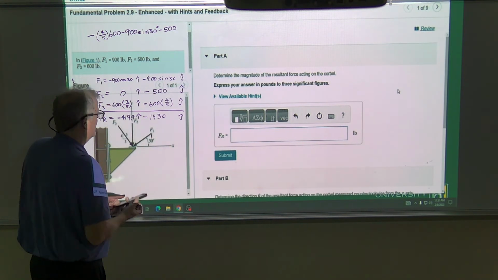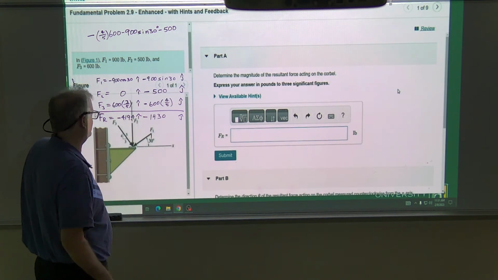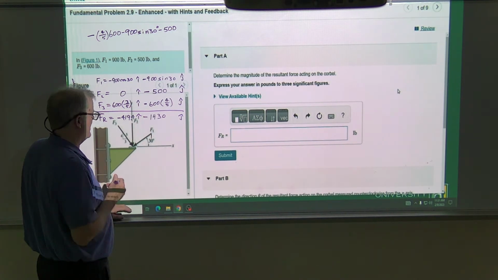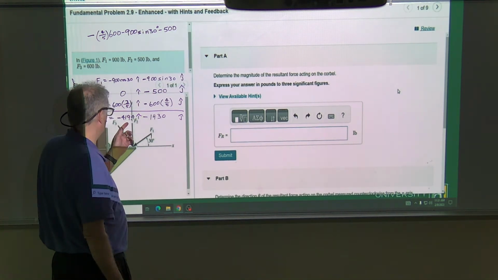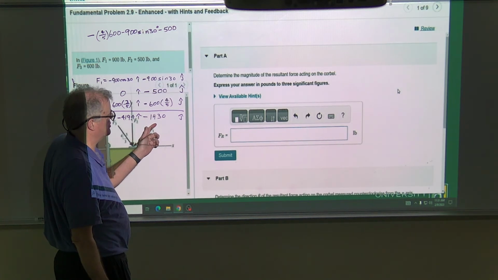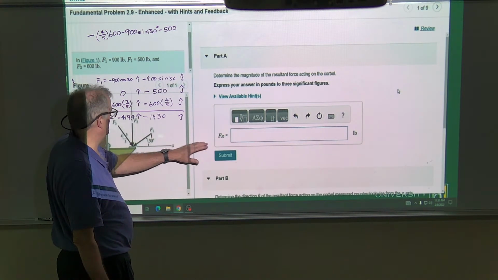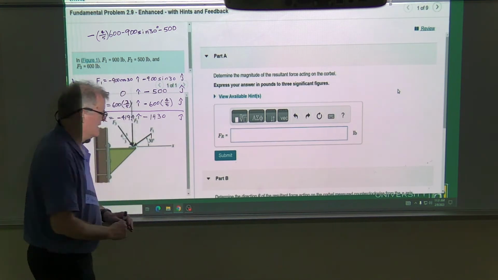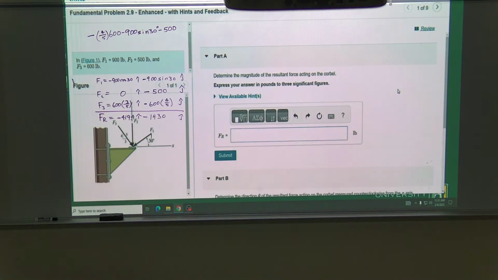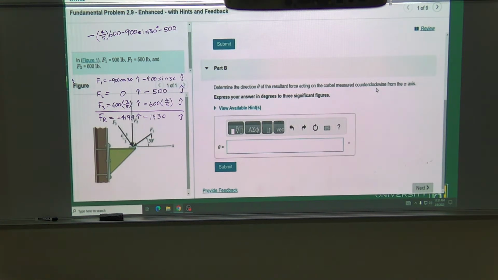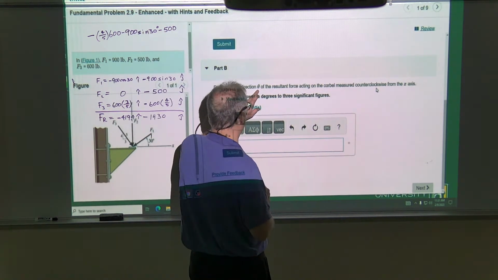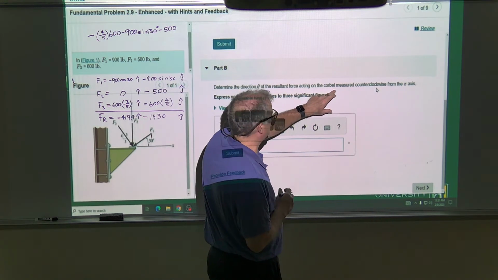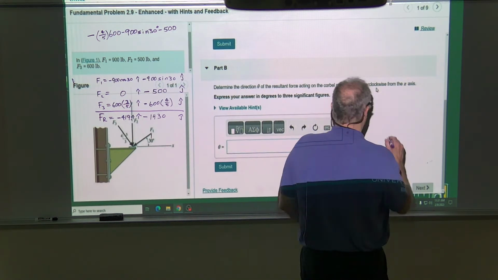Okay. So of course you do this, and if you wanted to, you do that squared, and that squared, take the square root. But the question was more along the lines of the angle. So these angles are very weird, and so determine the direction of the result, measured counterclockwise from the x-axis.